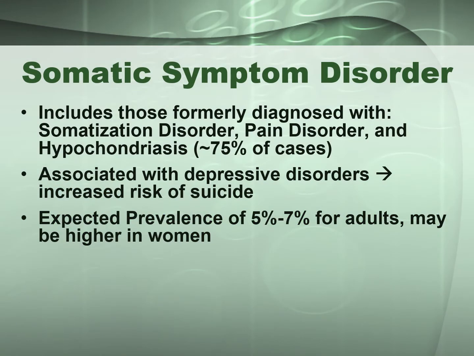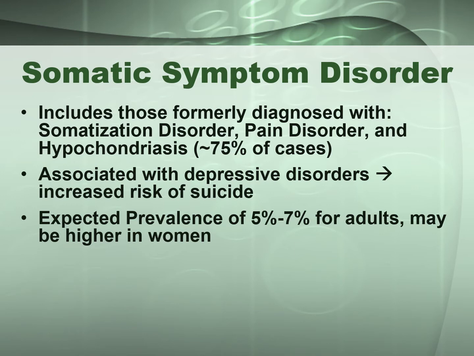Somatic symptom disorder has now been created with DSM-5 and includes past disorders. Formerly, we could diagnose someone with somatization disorder, pain disorder, or hypochondriasis. But now, all of those cases are included in somatic symptom disorder.